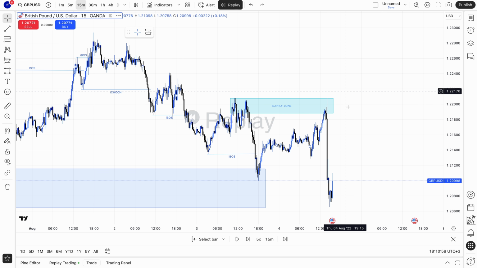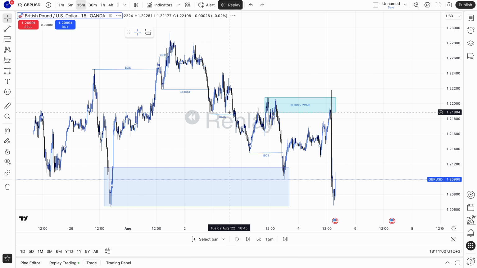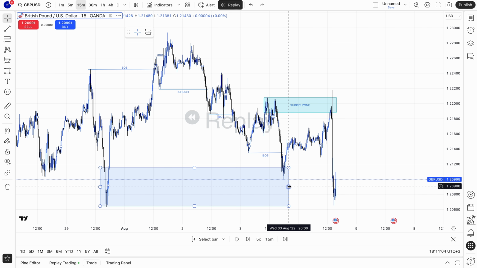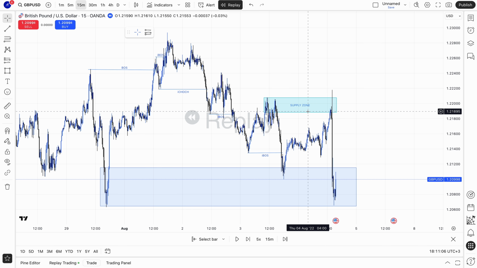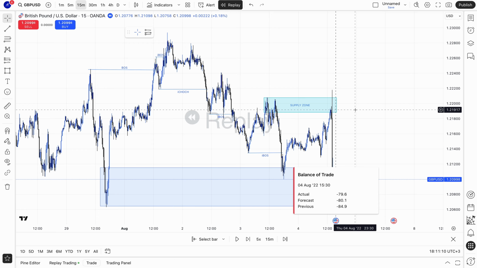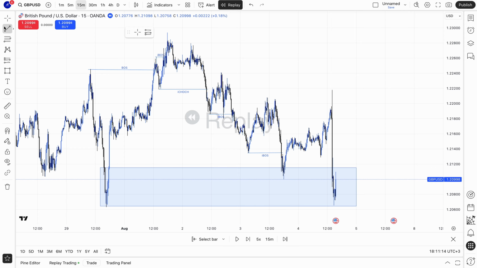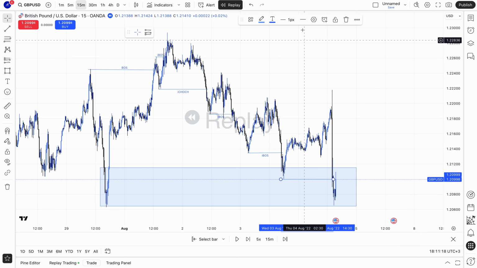We had news. Came, tapped into our supply zone, went straight. And this was news, right? Yeah, balance of trade. You always have to be updated about fundamental analysis, about news.